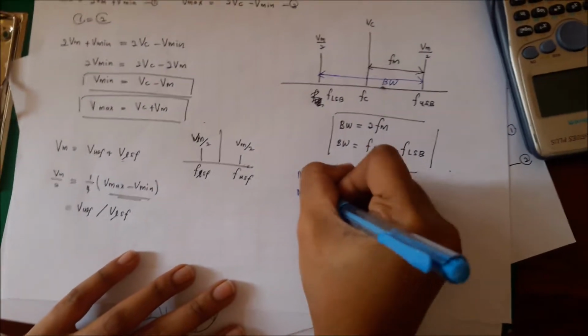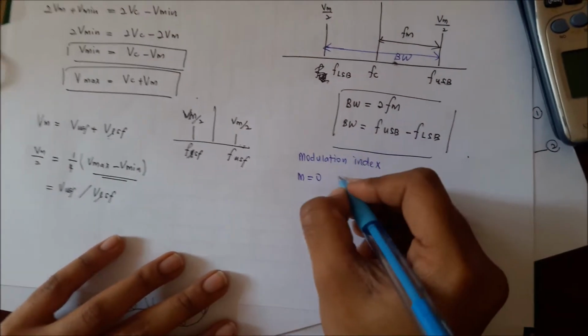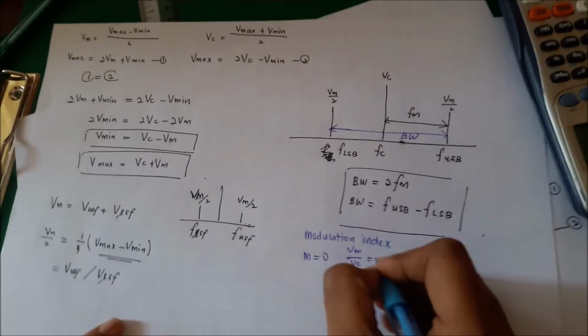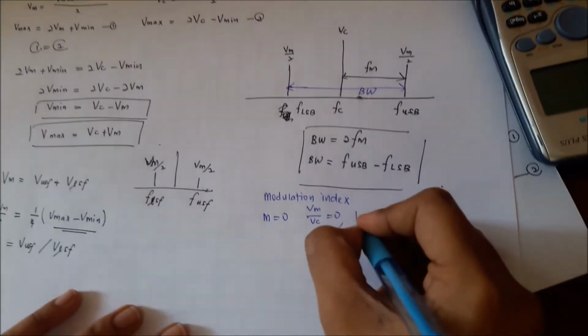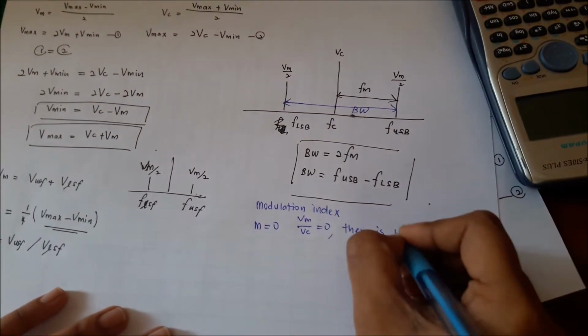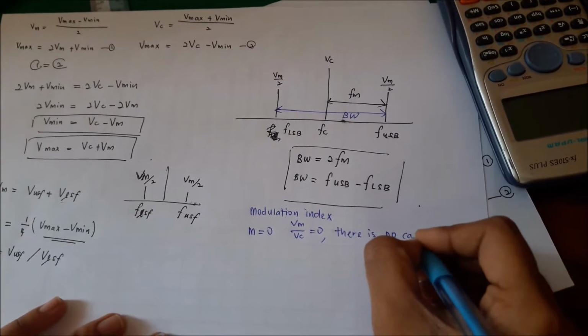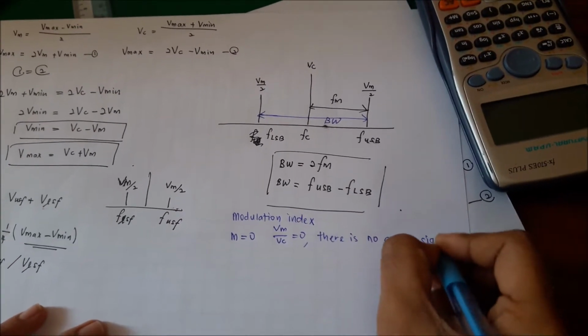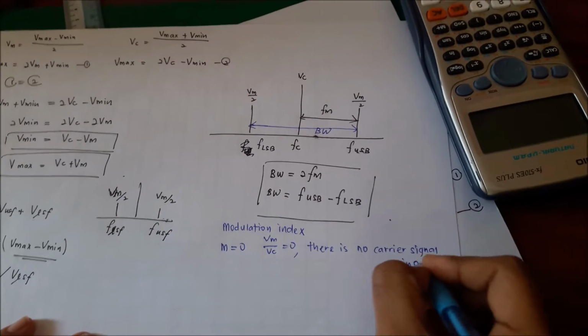When your m is equal to 0, which means your Vm over Vc is equivalent to 0, there is no carrier signal input.